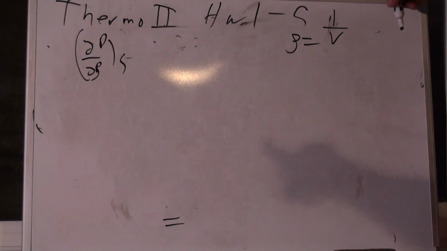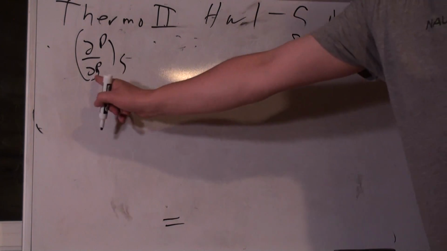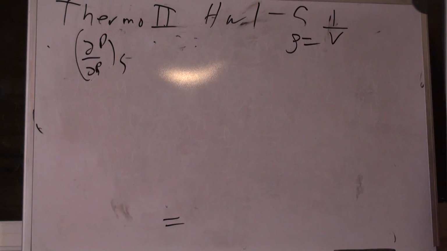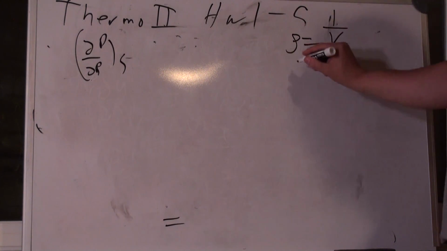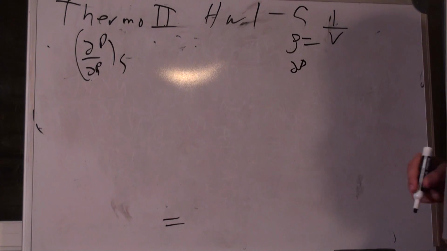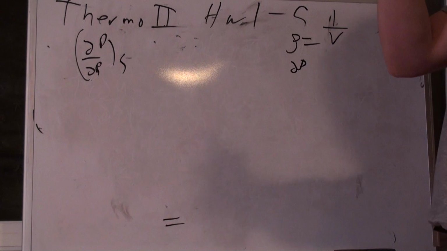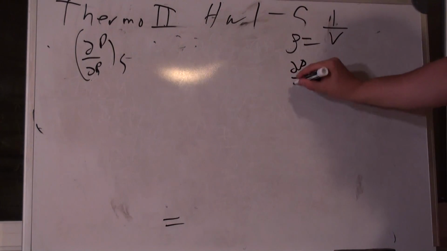Now, do I have rho? No, you don't. You have a change in rho. I gotta figure out how. I gotta solve for the change in rho. Well, change in rho. I could do a derivative, which has changes.